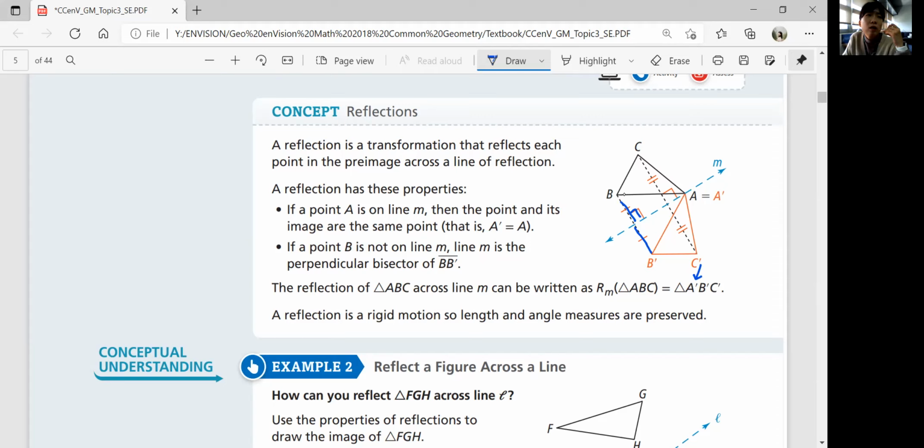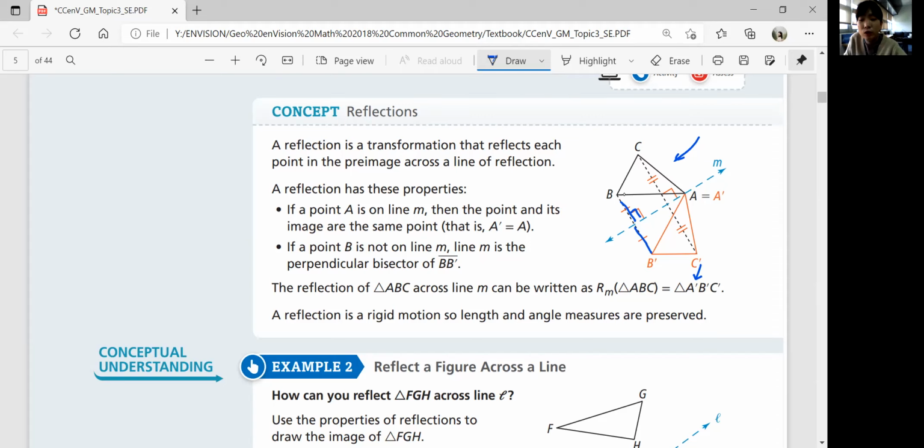So that's the notation for the image. This is the pre-image, the original shape. A reflection is a rigid motion, so length and angle measures are preserved. Okay, it's a type of rigid motion.